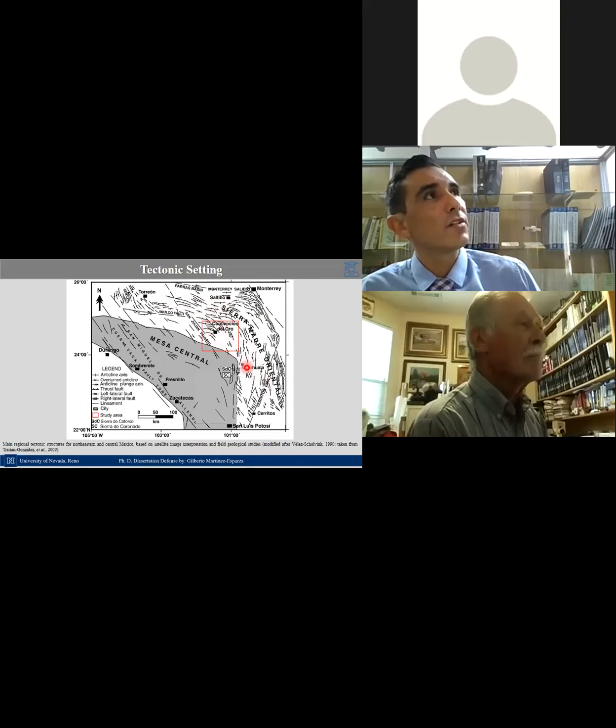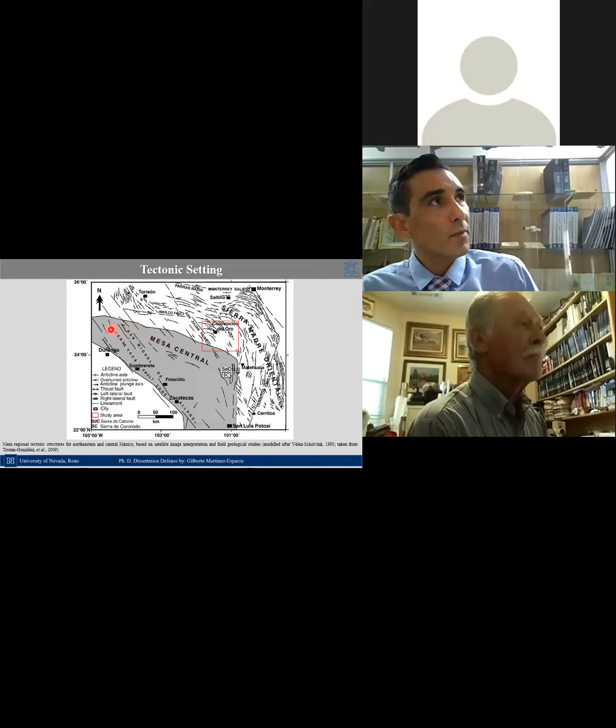The mainland direction is this, but sometimes they deflect in a west-east orientation because of this uplifted terrain. So the area is located between the Mexican Fault and Thrust Belt, also known as the Sierra Madre Oriental, and the geologic province, the Mesa Central.